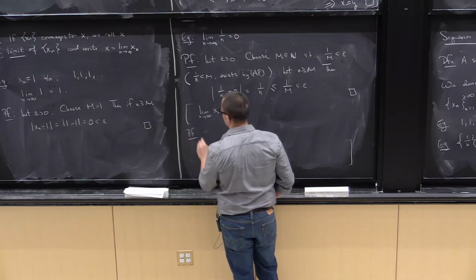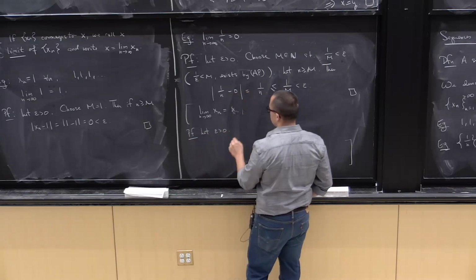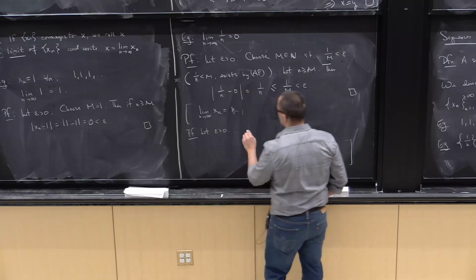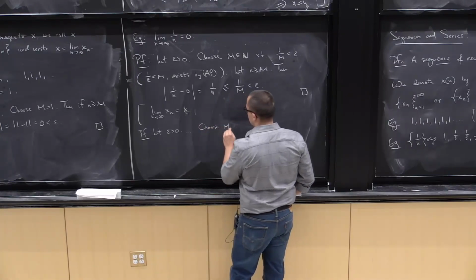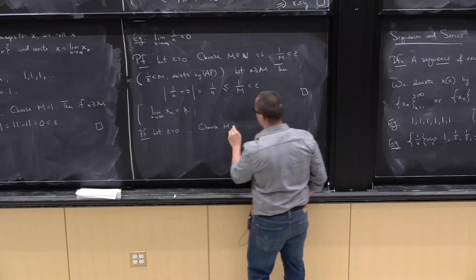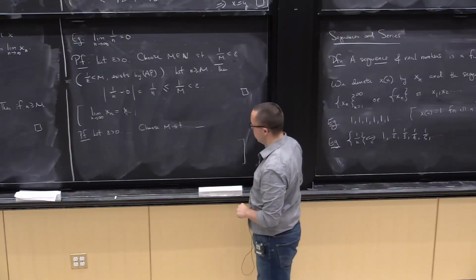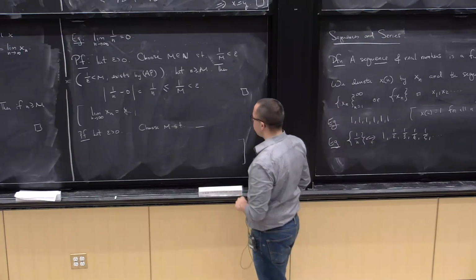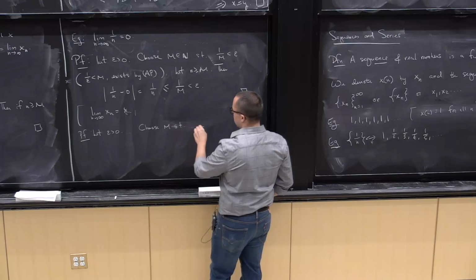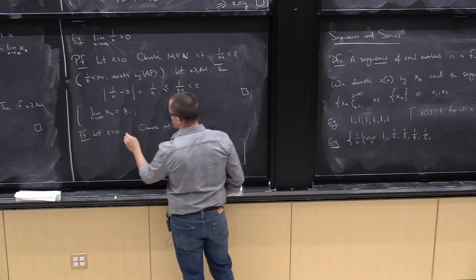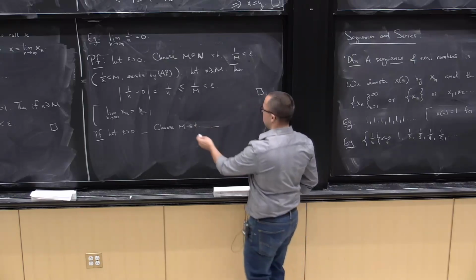The proof should be: let epsilon be positive, and then maybe you need to do some explaining, and then you'll say choose capital M so that something, okay? And that such an M exists probably will be explained there, or in the same sentence.